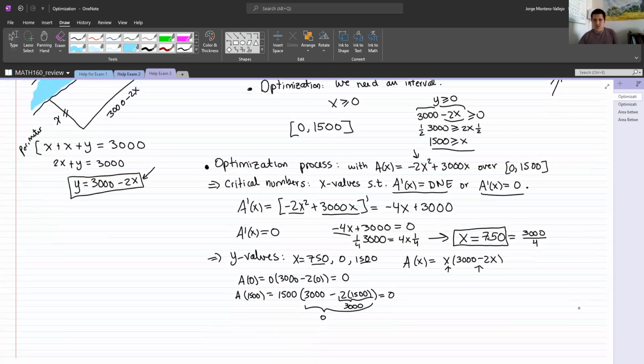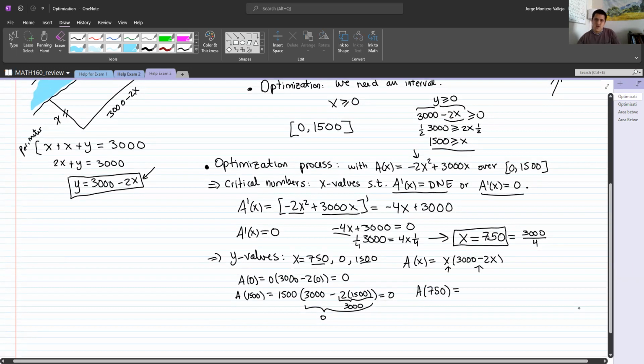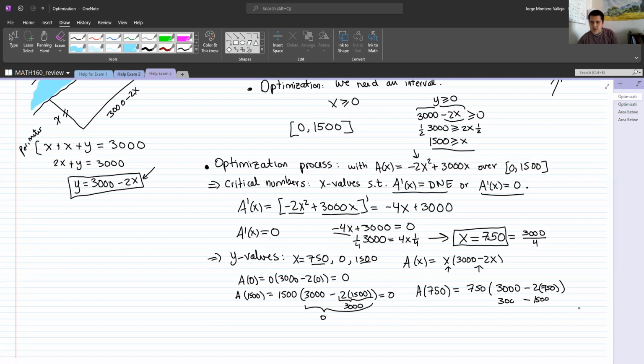right? Now we need to compute the area at 750. Well, that's then 750 times 3,000 minus 2 times 750. 2 times 750, that's 1,500, right? And then we need to do 3,000 minus that, but that's also 1,500.